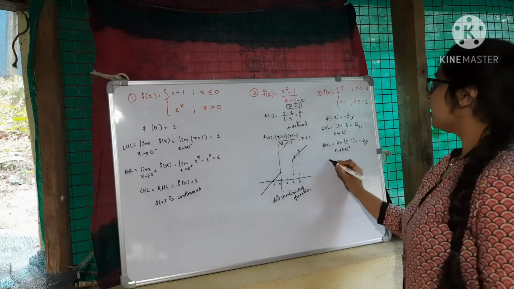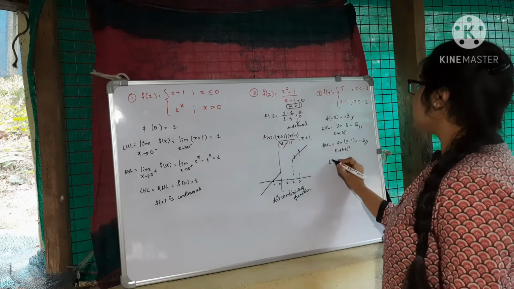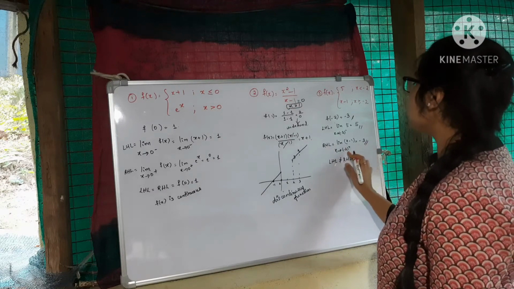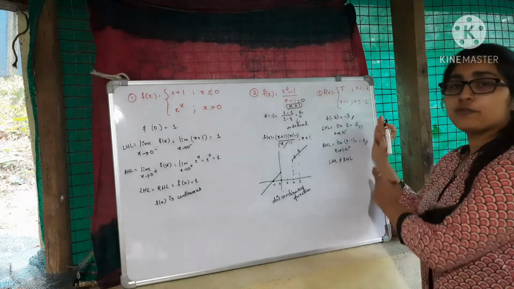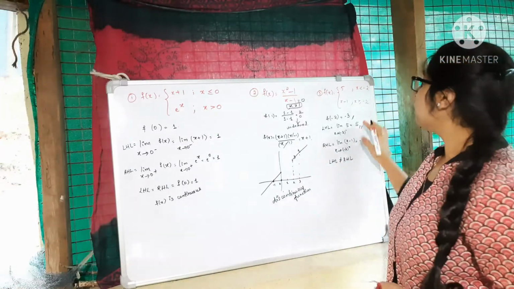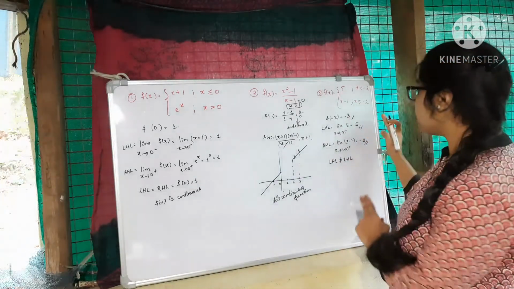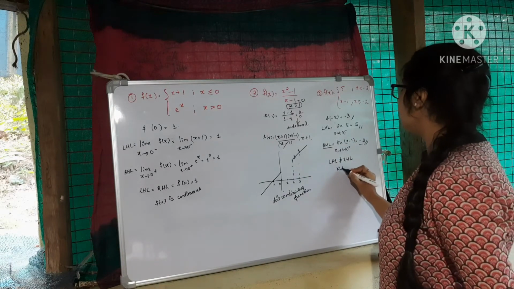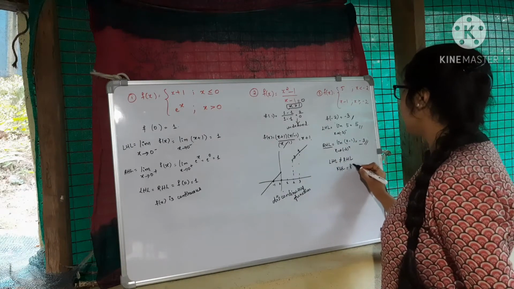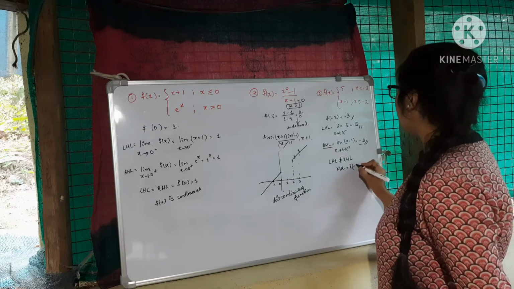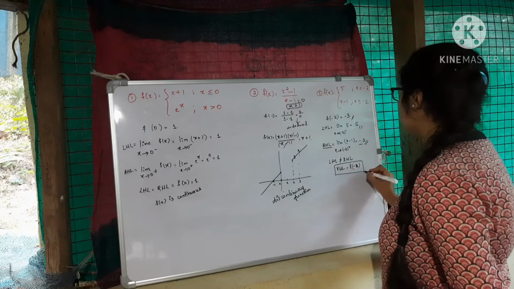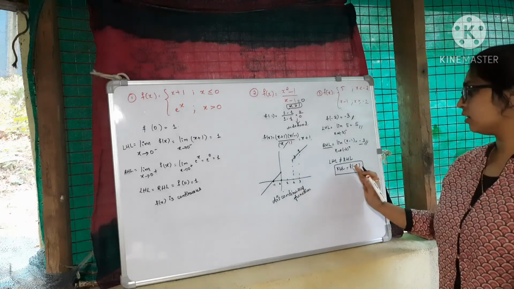So we can say that LHL is not equal to RHL. But we can say this is continuous from the right at the point minus 2, because RHL is equal to f of minus 2. So this is continuous from the right at the point minus 2.